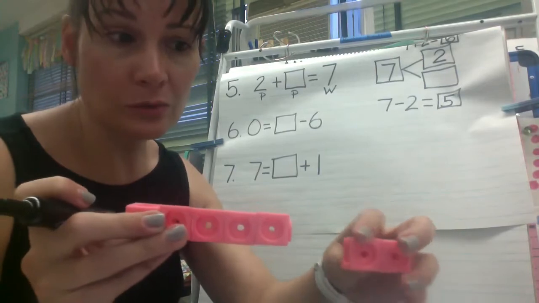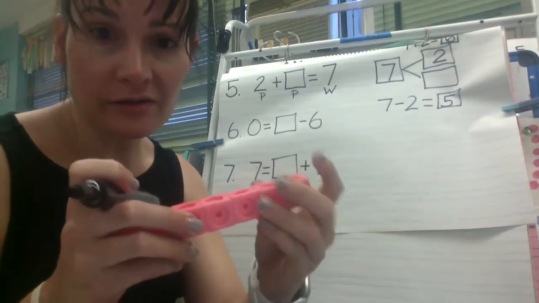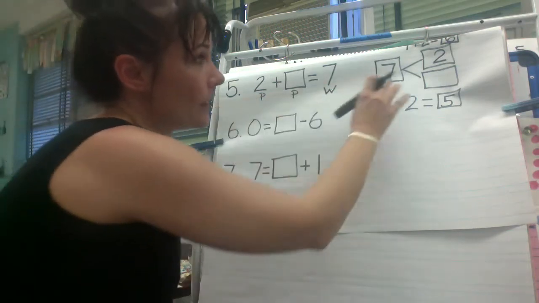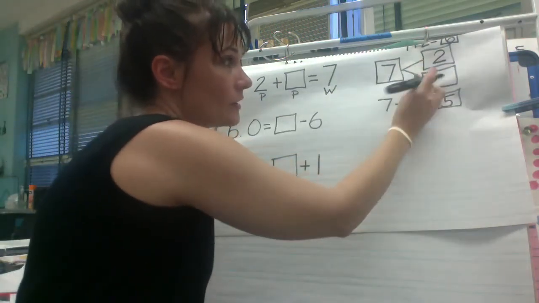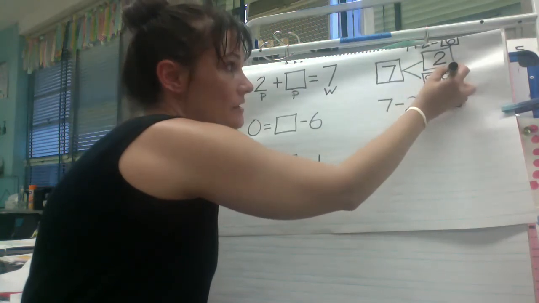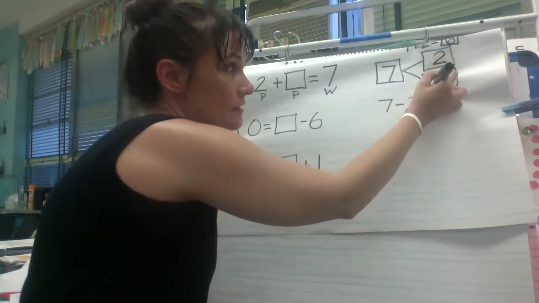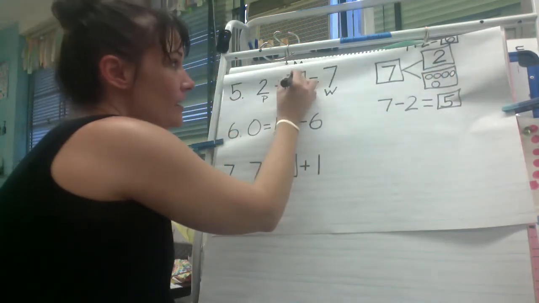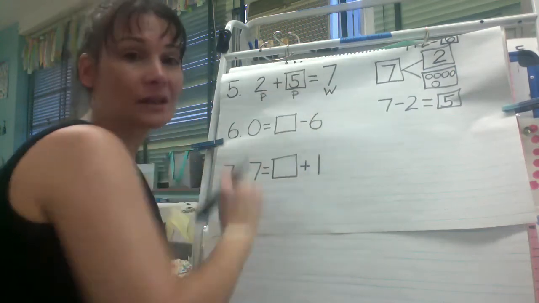So 2 plus 5 equals 7. So if I had 2, I'm going to count on 2, 3, 4, 5, 6, 7. 2 plus 5 equals 7.